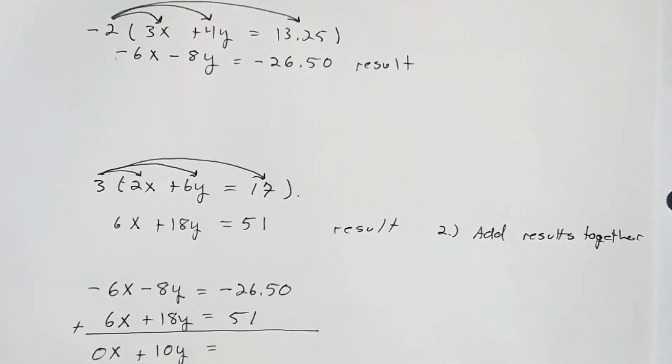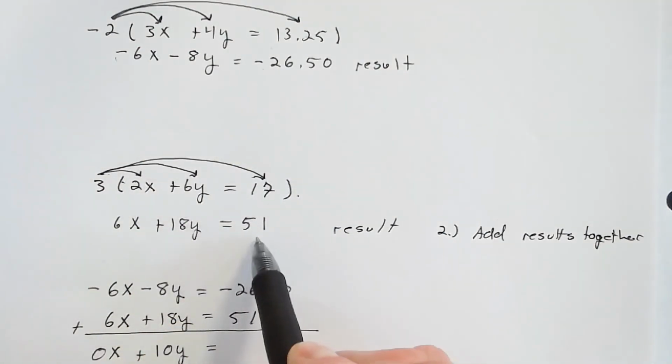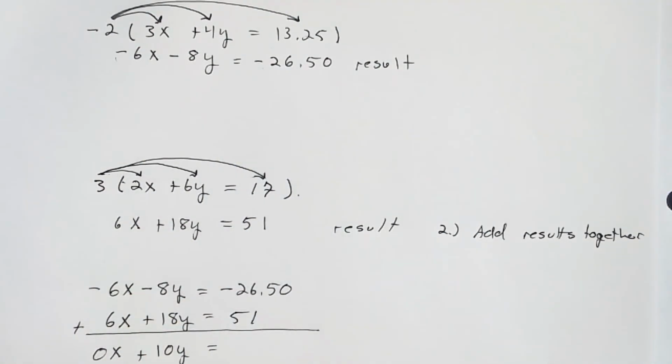Well, we've got a negative 26.50 and a positive 51. 51 minus 27 is 24, plus a 0.5 is 24.5.